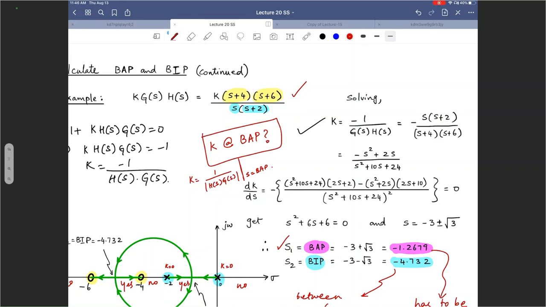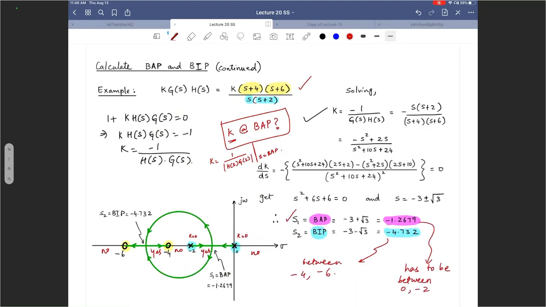Plug in BAP into 1 divided by the magnitude of g of s and h of s, because I'm trying to find k, so I'm going to use the magnitude criteria. And I can do the same thing for BIP as well. If I substitute BIP, you will find the k at which the BIP occurs. True or false?